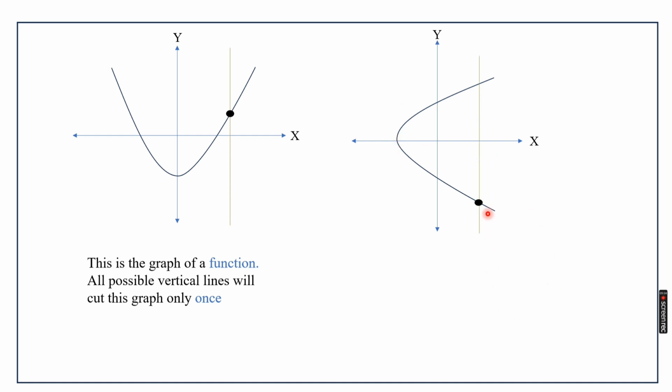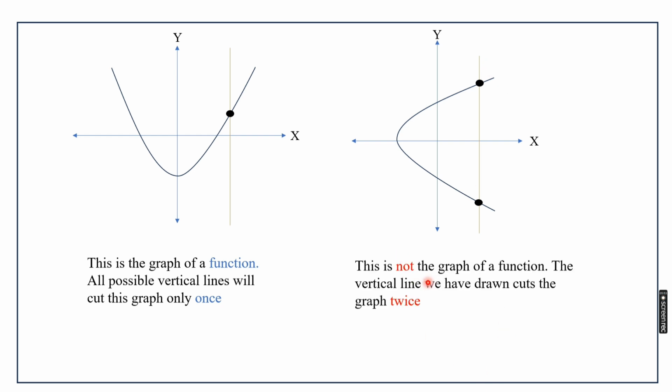This line intersects the graph twice, so it's not a function, which means if we insert one value from the set X into the function, we get two values. So this is not a graph of a function. The vertical line we have drawn cuts the graph twice.